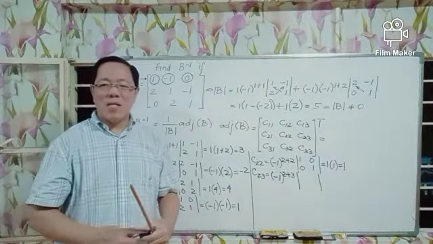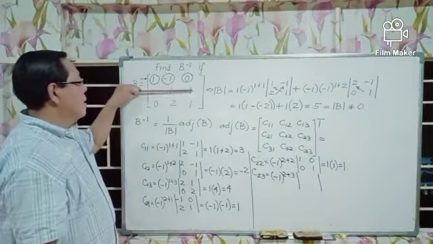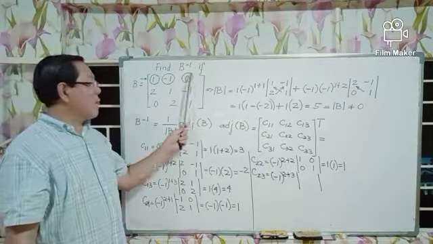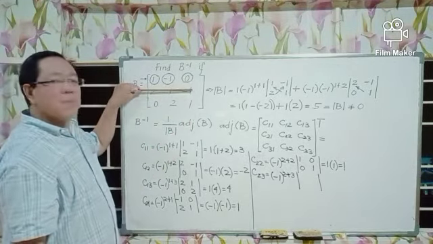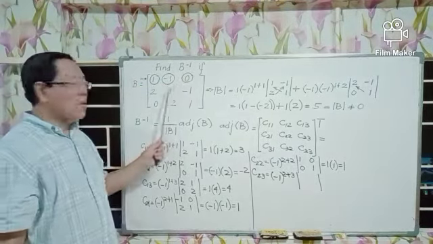Multiplied by determinant of order 2 obtained by deleting the second row and the third column. And the entries that remain after deleting the second row and the last column are 1, negative 1, 0, 2.